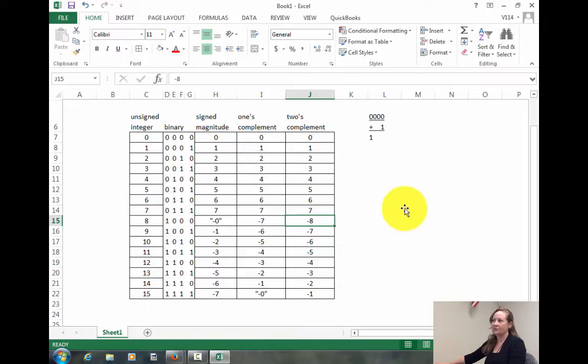And so 2's complement solves the problem of having 2 representations for 0. And it solves the problem of having negative numbers and having to carry. Now when we have any type of negative number, we can add it to the positive number and not worry about the carry, and it'll work.